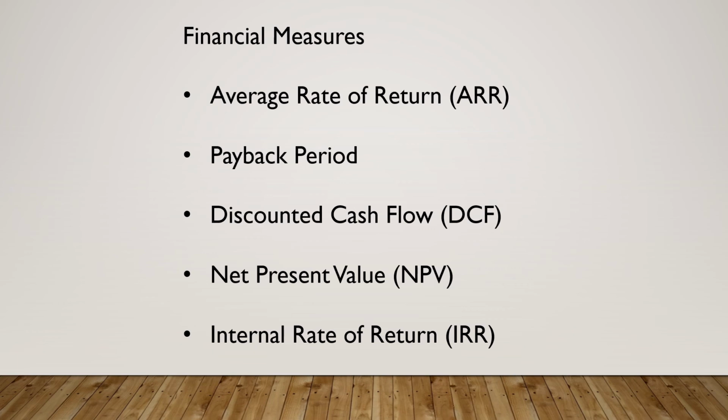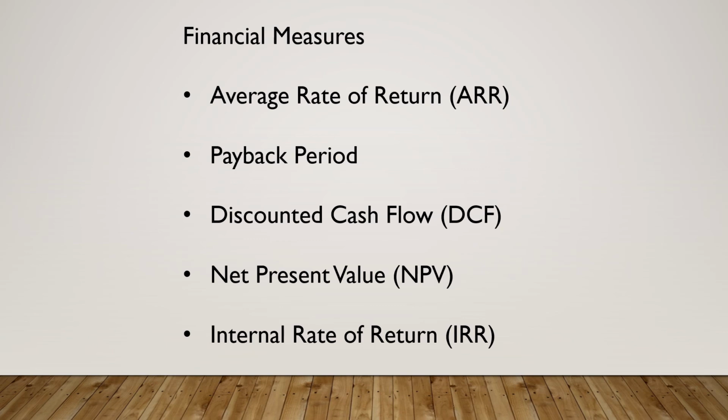So at the end of year 1, the $500 loss, you multiply by 0.9091, and the net discounted factor is $455 loss. Year 2, you take the $1,900 and multiply by the factor 0.8264 and arrive at $1,570.